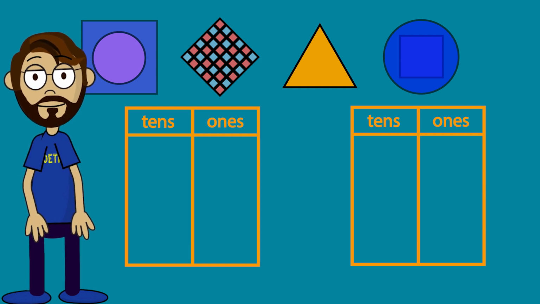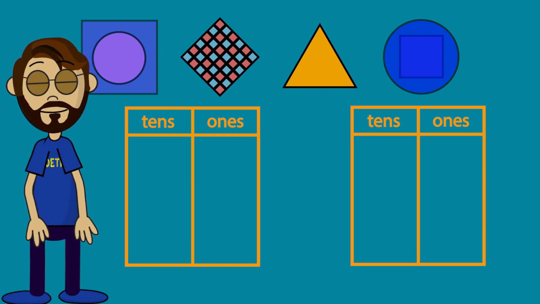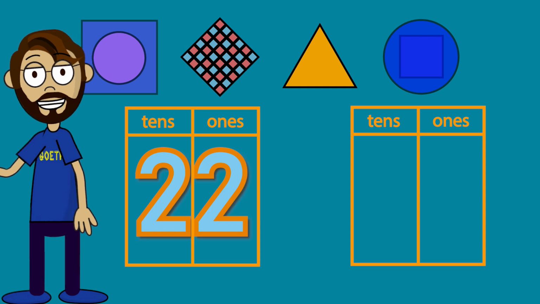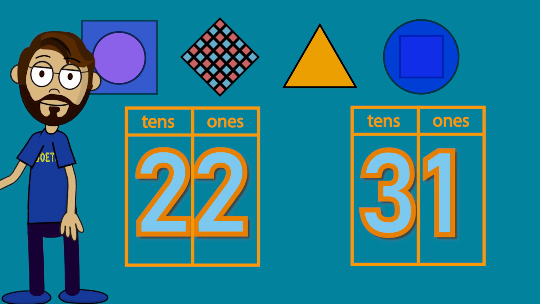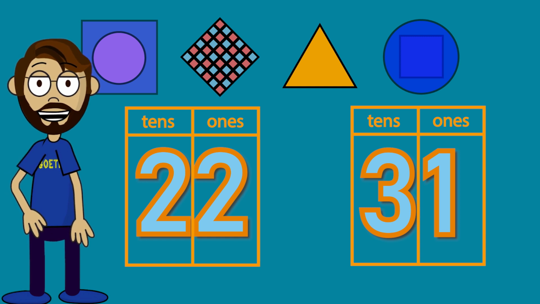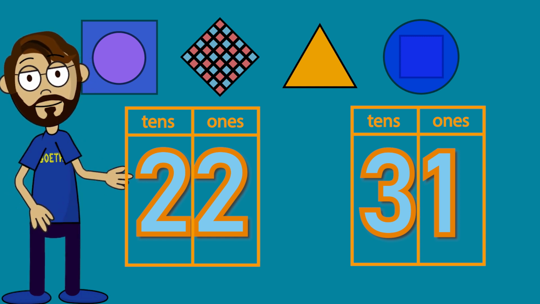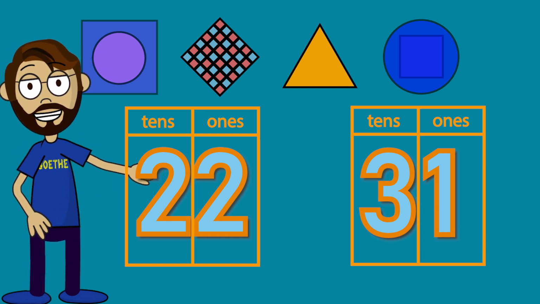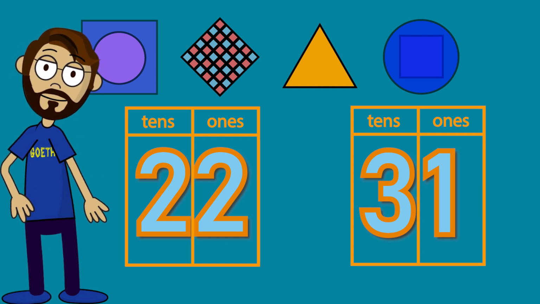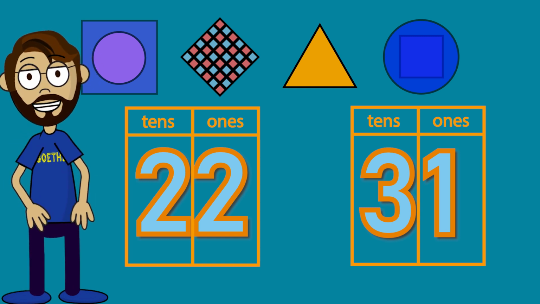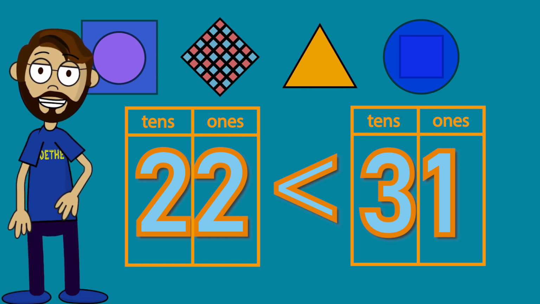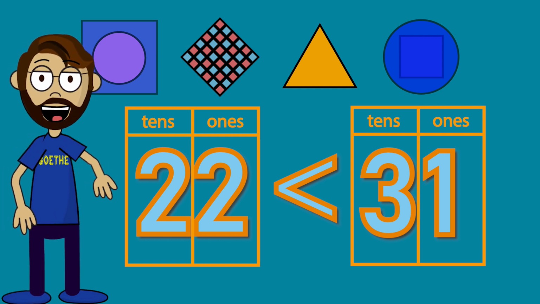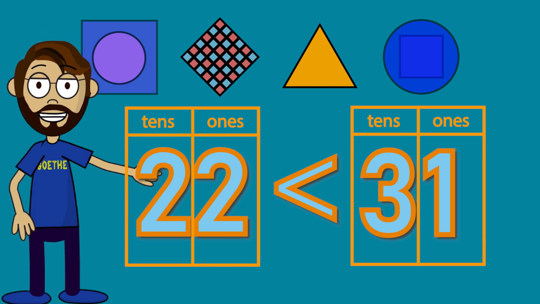Let's look at the next problem. What is greater, 22 or 31? So, in this problem, we see that 31 has 3 tens and 22 only has 2. So, which is the bigger number? 31 with 3 tens. So the alligator will eat 31 and the bird will eat 22.